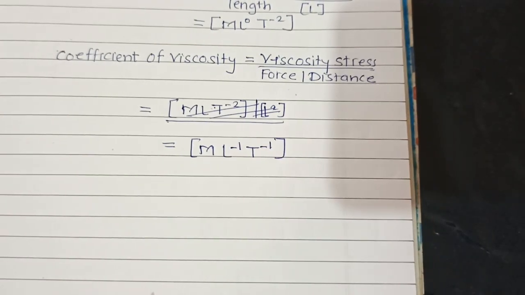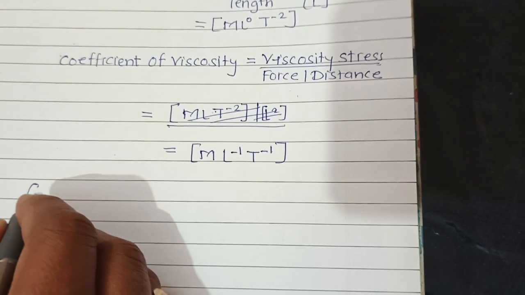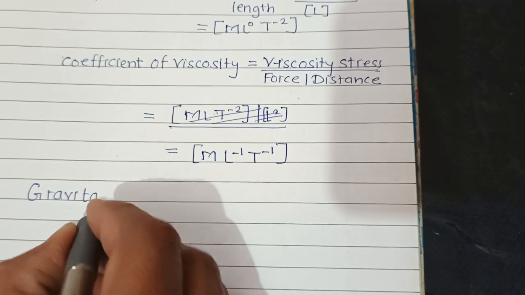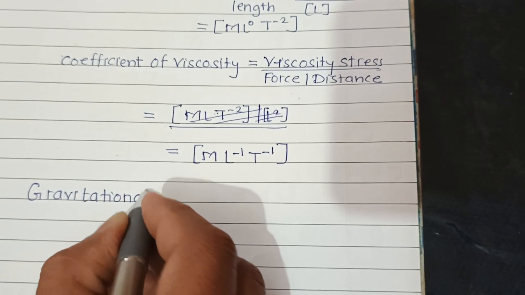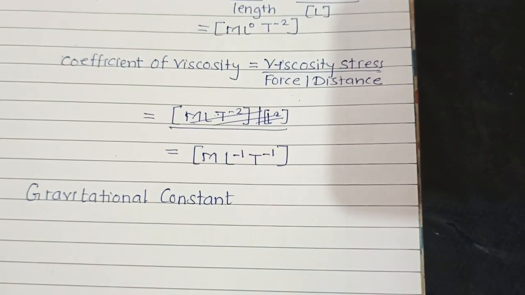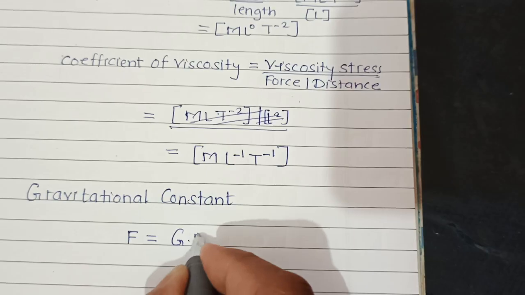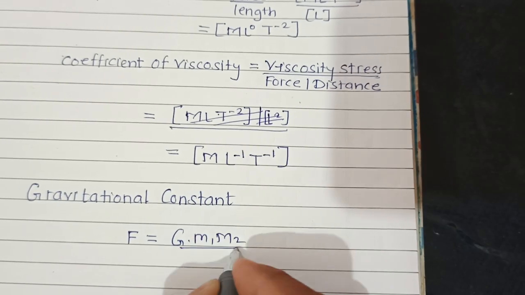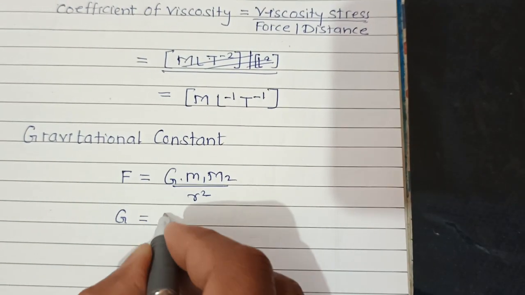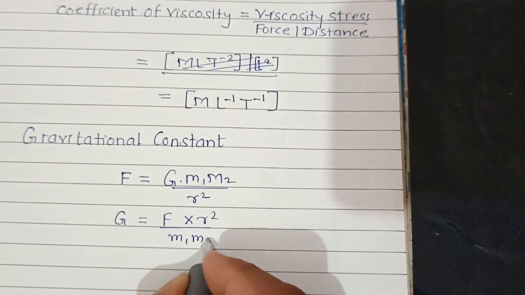Now next, gravitational constant. Since we know that F equal to G m1 m2 by r square by the formula, so G equal to F into r upon m1 m2.